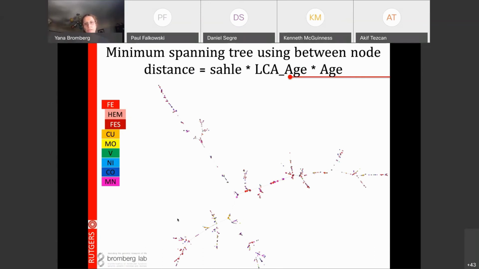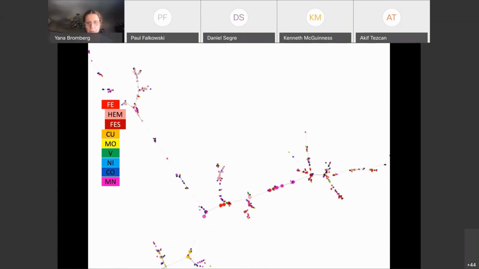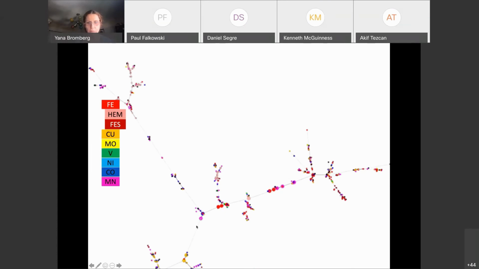So again, the weights are assigned to edges on the basis of the Sahle score, the LCA age, and the age of the assigned fold. And what we observed is that if you took the most central spheres in this network, you would find these, I think there's 10 or 11 of them, and they're colored.